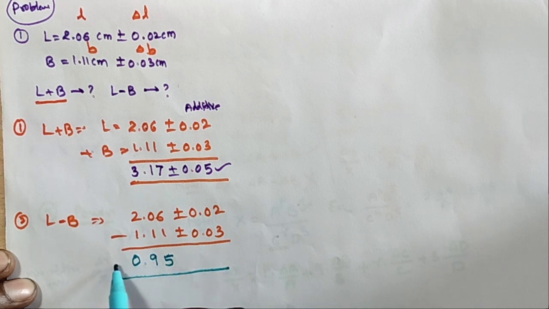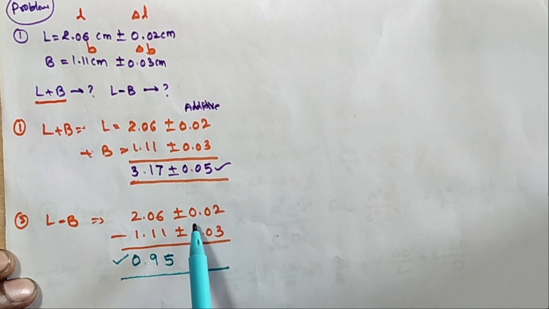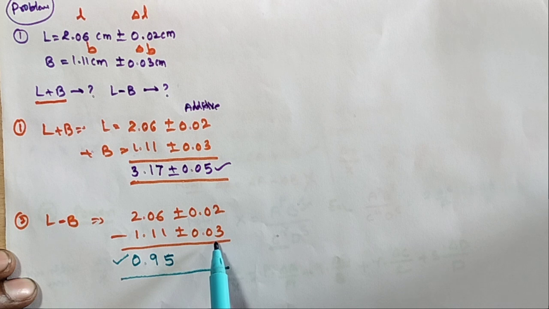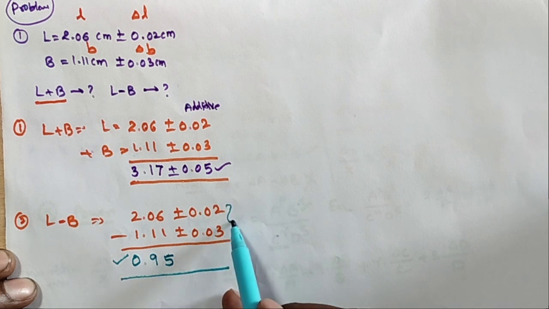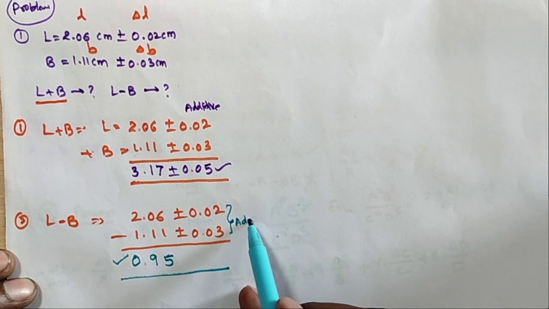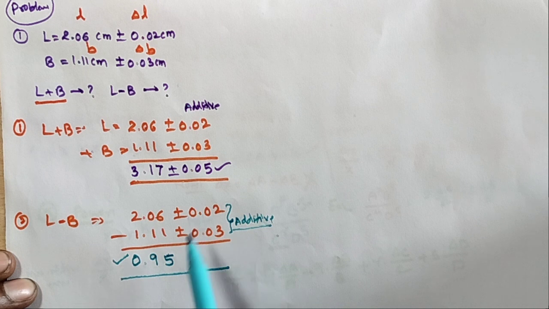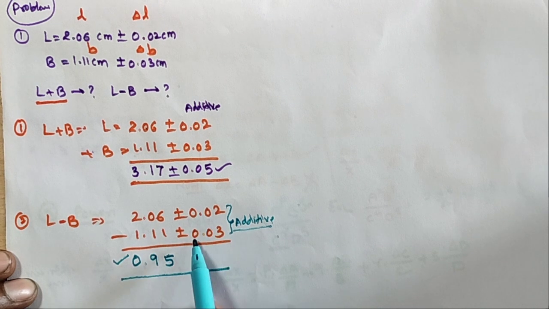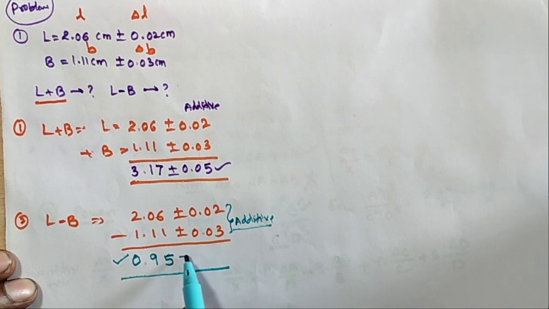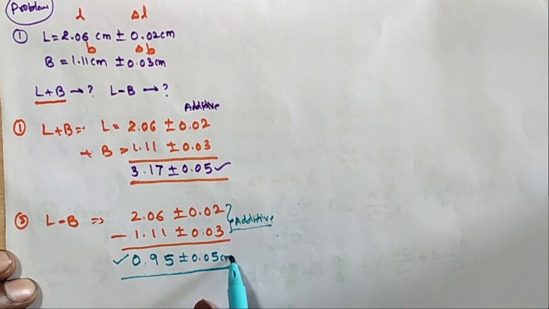It is very clear in the subtraction method. But what happens with 0.02 and 0.03? Is it subtraction? There is no subtraction. Always the errors have additive properties. Please remember, errors are always additive, no subtraction. The same thing, 0.02 plus 0.03, so plus or minus 0.05 centimeter. This is the answer. Simple one.